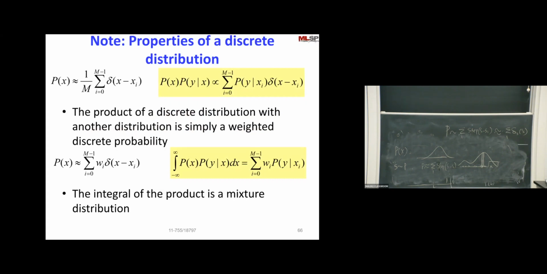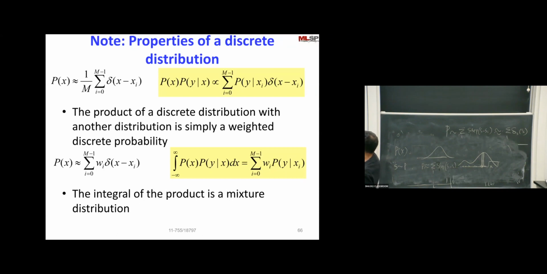If I've got P of X is some horrible, ugly, nasty, hideous function, then I want to do P of X times P of Y given X. Then P of Y given X has some form, whatever it may be. I've replaced P of X by a uniform summation of deltas, right?